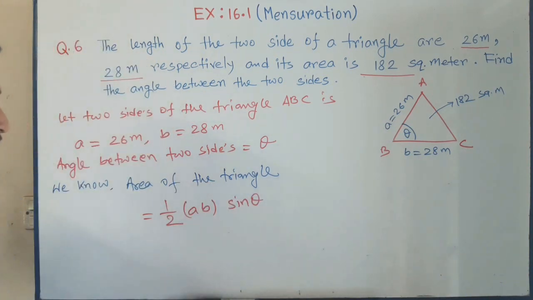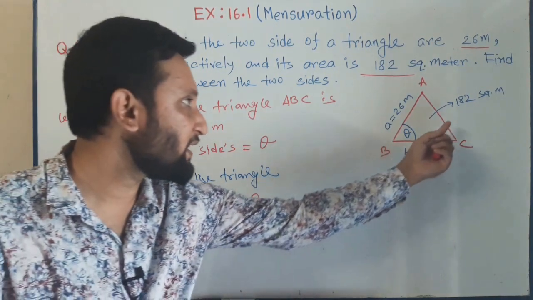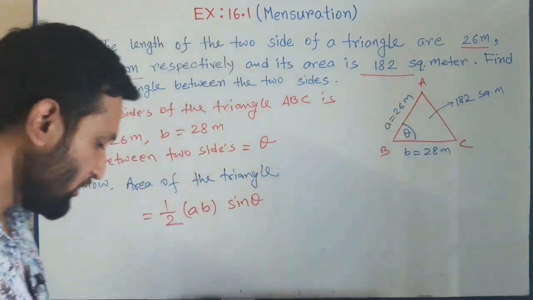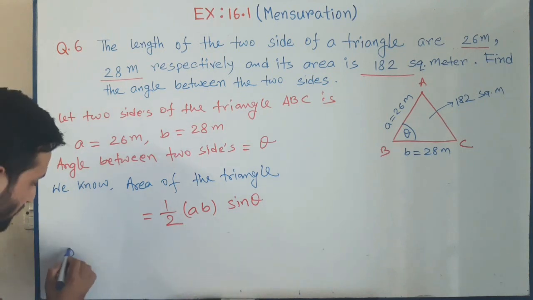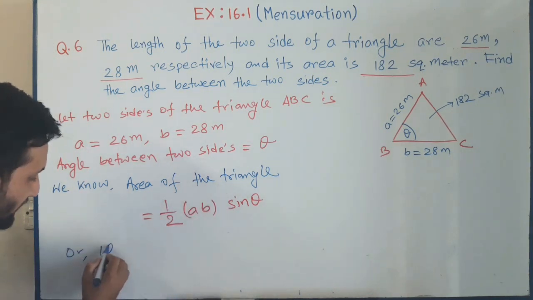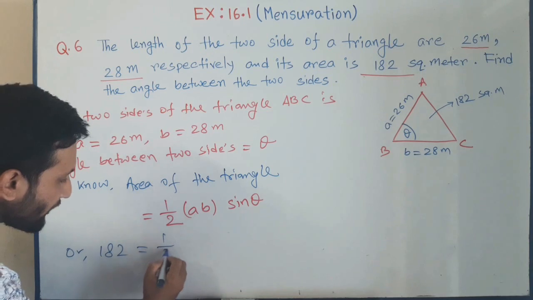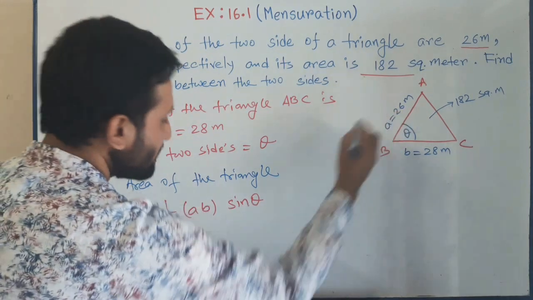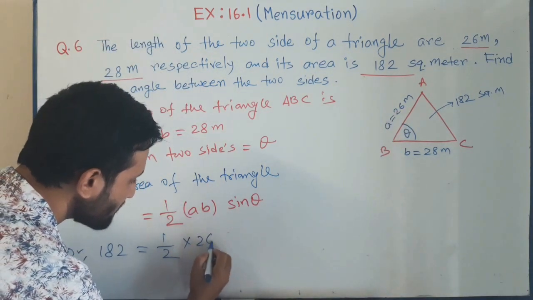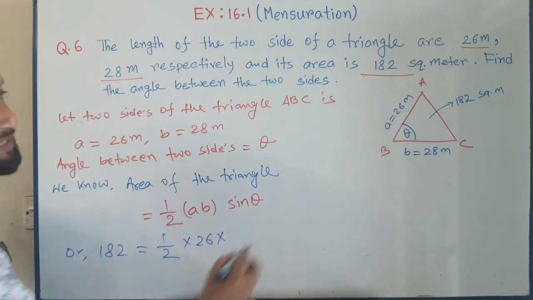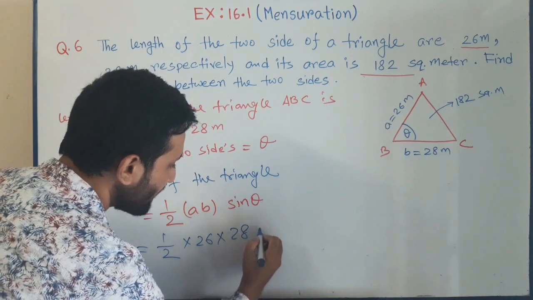The area of the triangle here is 182, so using the values: 182 equal to half into 26 into 28 into sin theta.